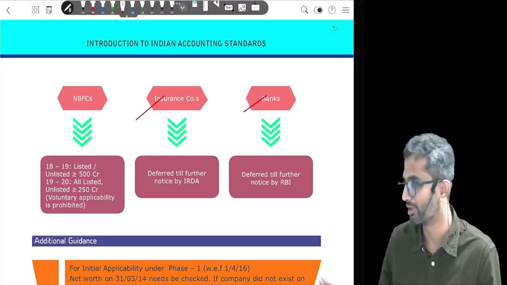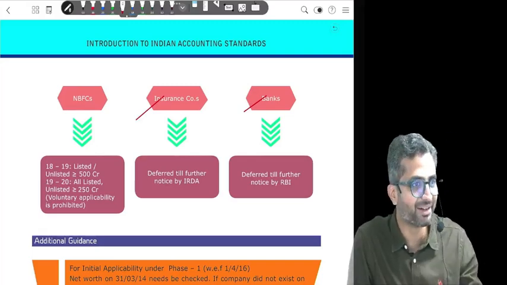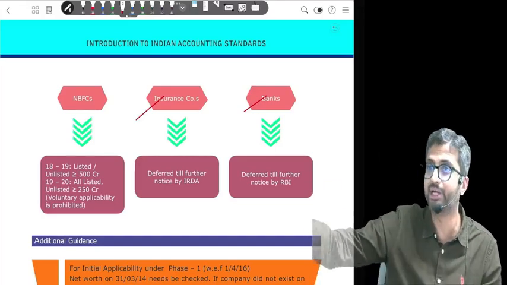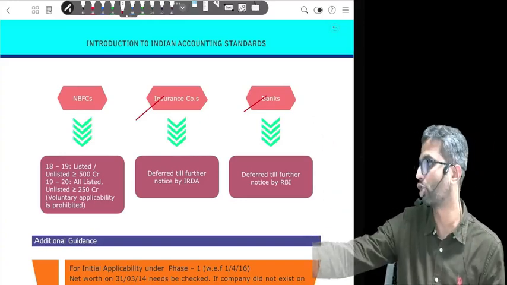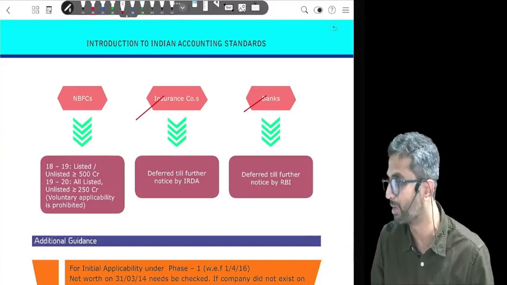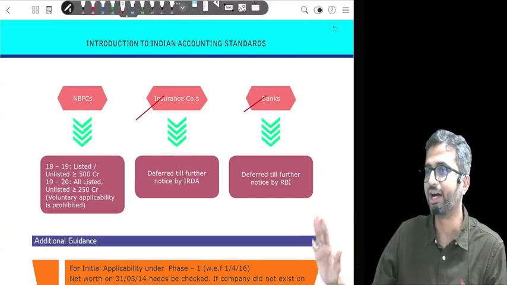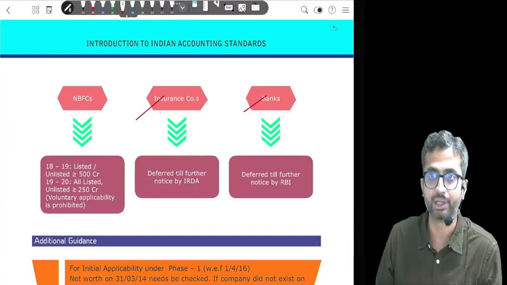As we speak, it is not relevant, but once IFRS 17 comes in, there will be Ind AS 117, and most likely that is when IRDA will allow insurance companies to move to Ind AS as well. But by that time, we will be qualified. Right now, to banks and insurance companies, it is not applicable.